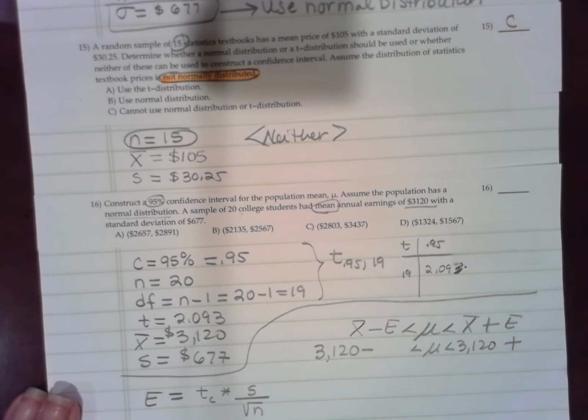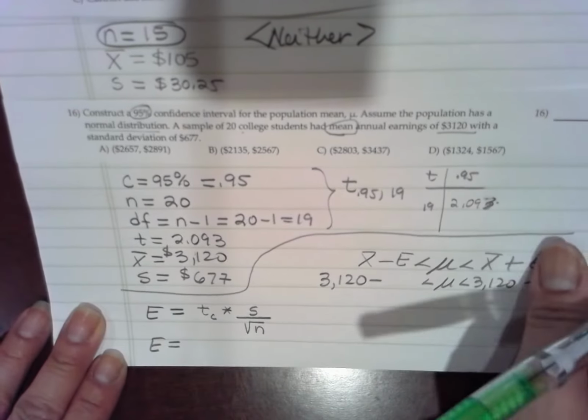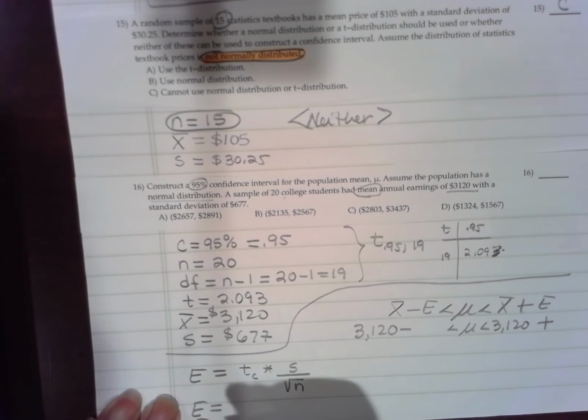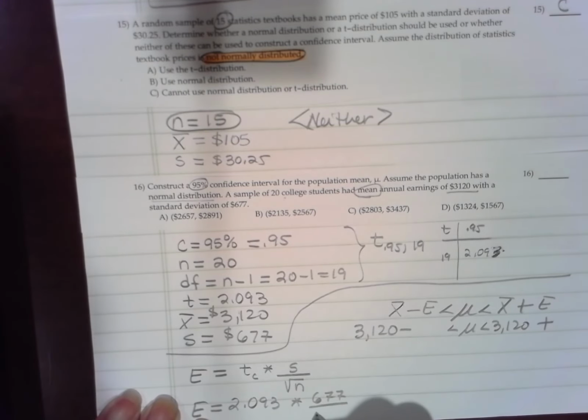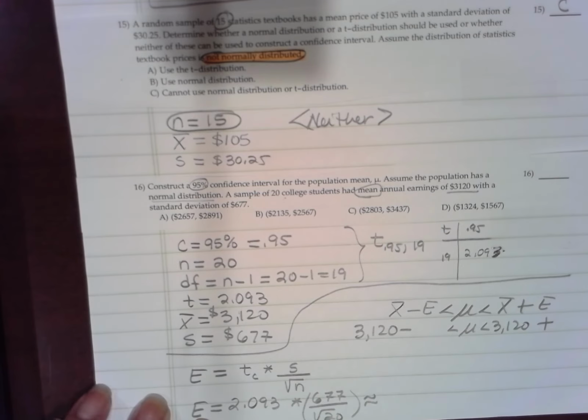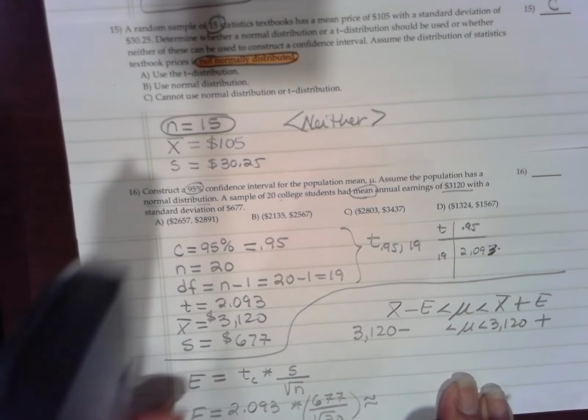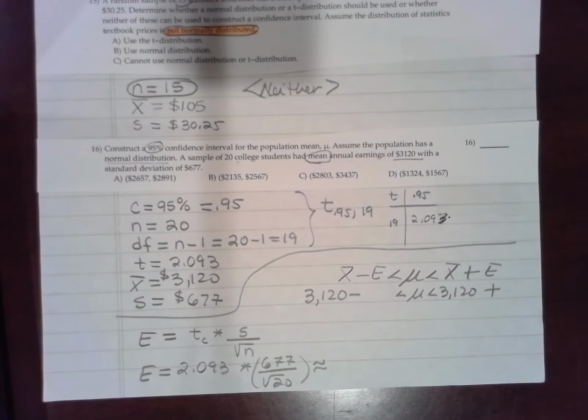So the t is 2.093, multiplied by the sample standard deviation of $677, divided by the square root of 20. Let me remove the paper so that you can see it fully. I'm using my notepad.